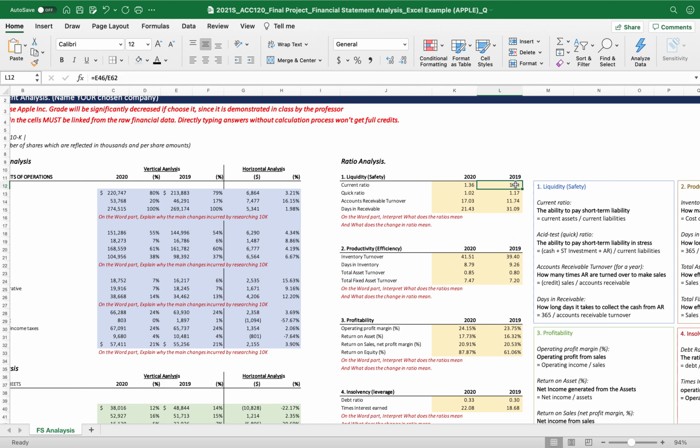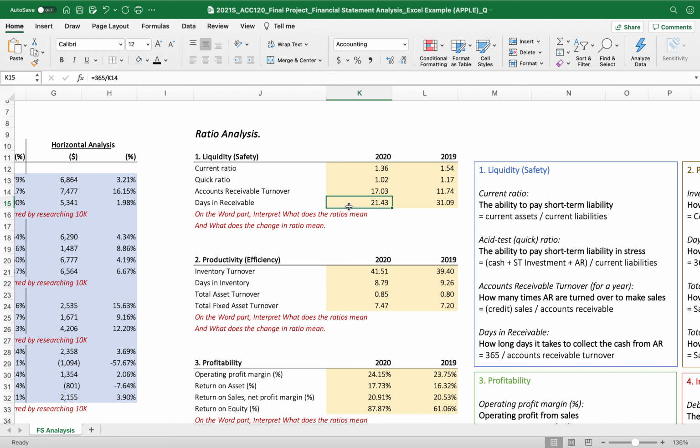But when we compare the accounts receivable turnover or days in receivable, it has been really better, because days in receivables is only 21 days, which means the company now has a very tight receivable policy, so that they can improve the cash cycle.